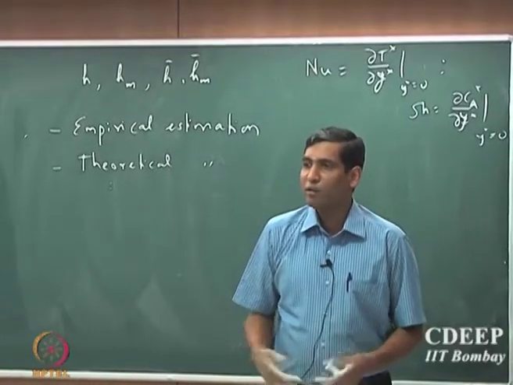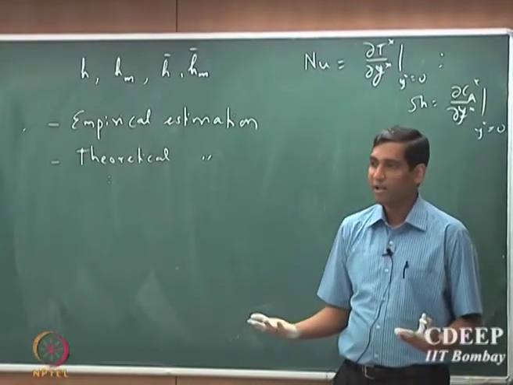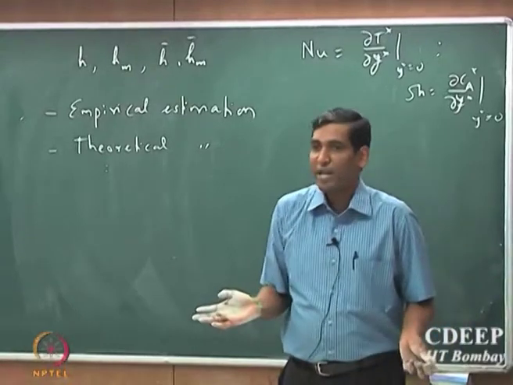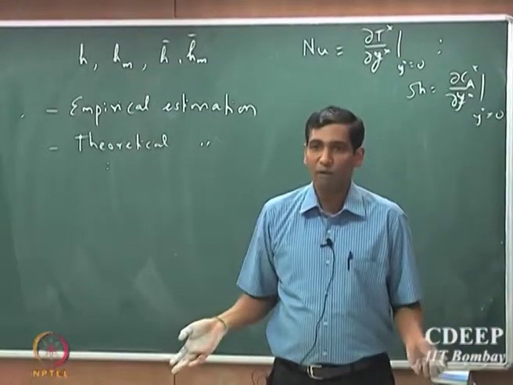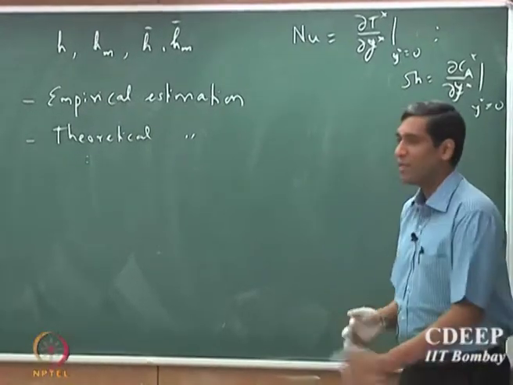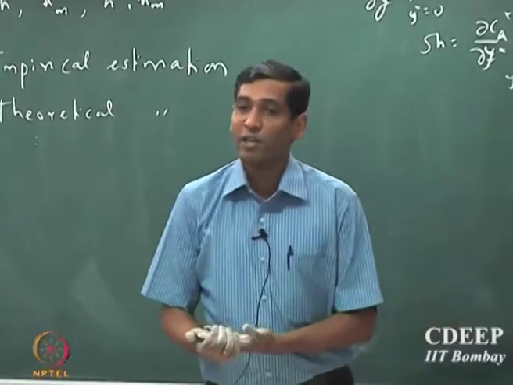So we don't need to solve everything and find the complete temperature profile and concentration profile. If we are able to find the gradient, we are good. We are able to achieve the objective of what we wanted to get. So instead of solving everything, you're going to see how to find these gradients for various kinds of problems.